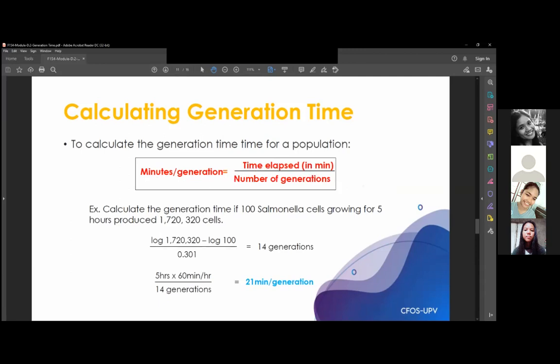Kailangan mo lang ng ganun na information. So, calculate for the generation of 100 Salmonella cells growing for 5 hours, produced 1,720,320 cells. So, yan yung formula. So, the answer is 21 minutes per generation.